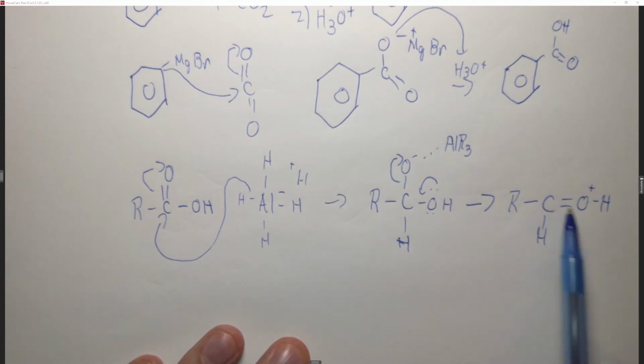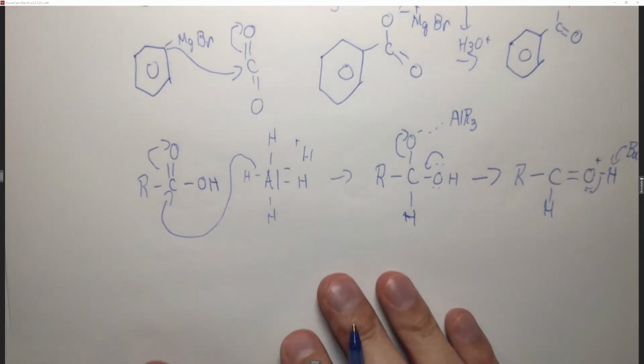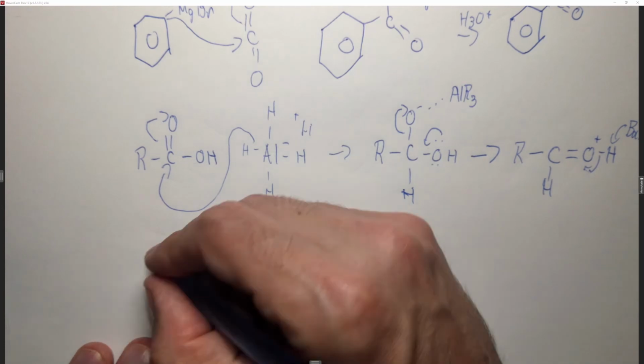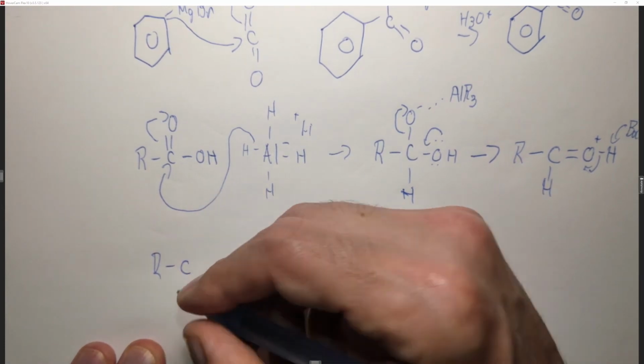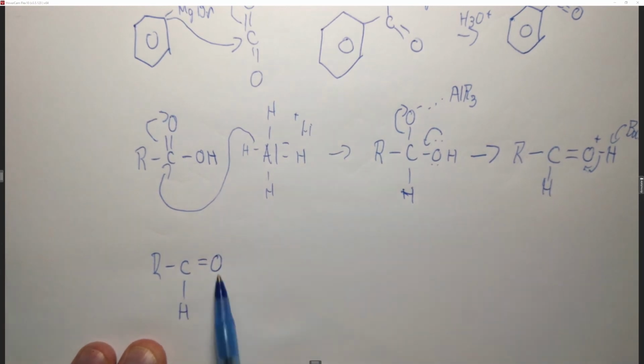So we have R bond C, double bond O, bond OH. So what can happen? Well, any kind of base, including something like water, can grab this proton and we can go here. And what we end up with is R bond C, double bond O, bond H. We now have the aldehyde.